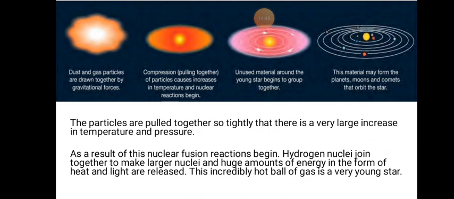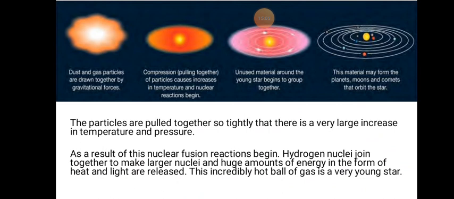So you might be remembering the difference between nuclear fission and nuclear fusion. Fission is the splitting of an atom, whereas fusion is the joining of two similar kinds of atoms. So here nuclear fusion happens.